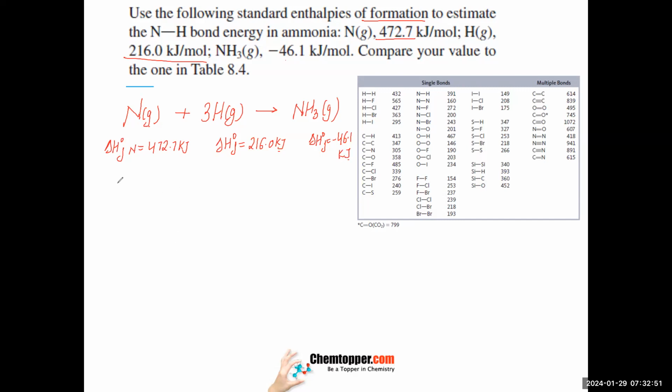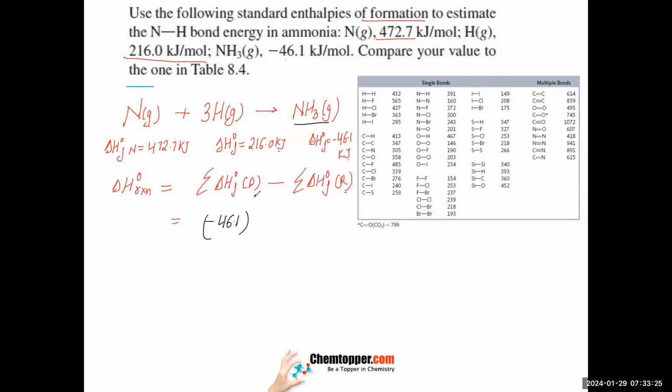So can you calculate delta H naught reaction here? Now the equation is changed. It is the summation of delta H naught formation of the products minus summation of delta H naught formation of the reactants, right? Plug in the values. Product is this, so minus 46.1.